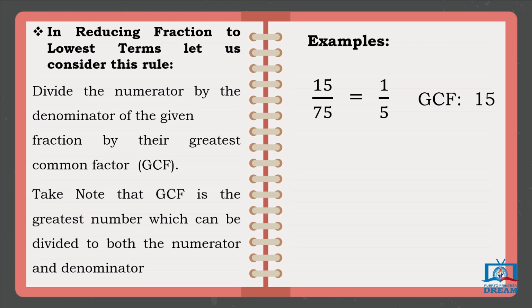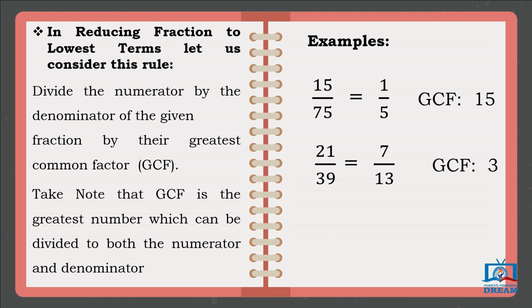The GCF is 15. But how did we get 1/5? We just divided both the numerator and the denominator by its GCF. So we have 15 divided by 15 is equal to 1. 75 divided by 15 is equal to 5.